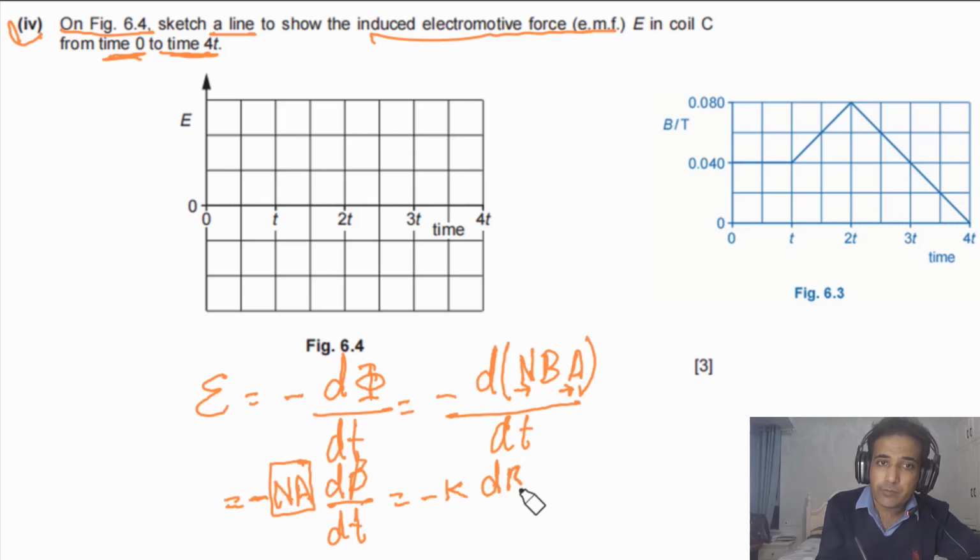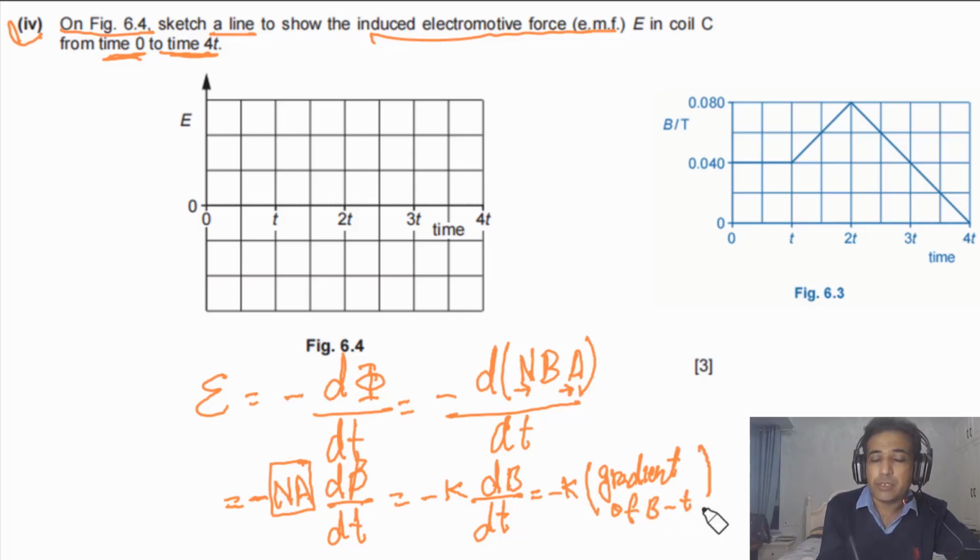So here we have dB by dt, and if you look at this graph, B against t, dB by dt is simply the gradient of the BT graph.